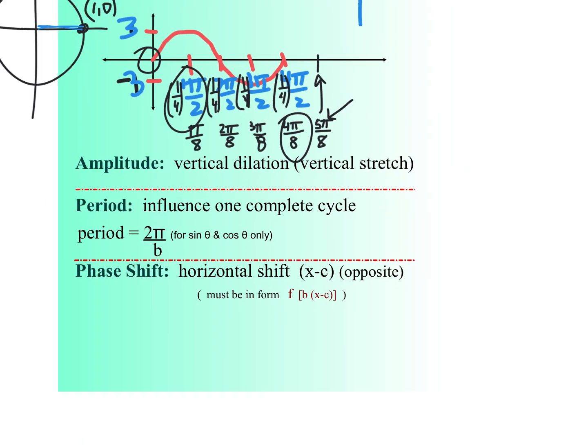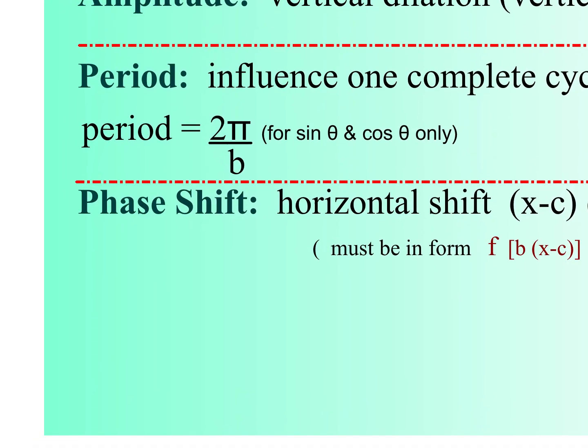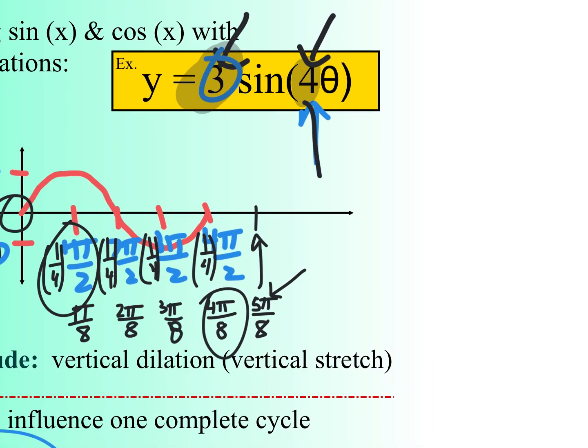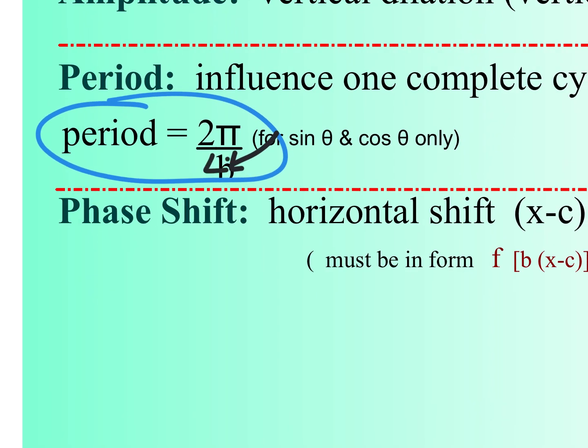All right. So this formula, I'm just going to give it a shout out, but we're not going to use it much today. But I'm telling you, on your test, guaranteed this formula is going to be a big deal. The period is 2 pi over b. Why is it such a big deal? Because if I know what b is, remember how I said we divide by it? So if b, that little number that goes right here, is 4, then you just divide everything by 4, see?